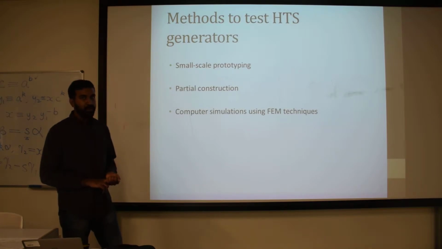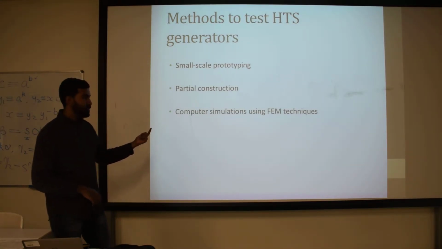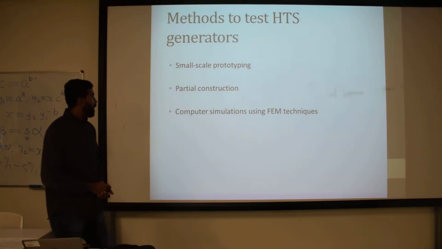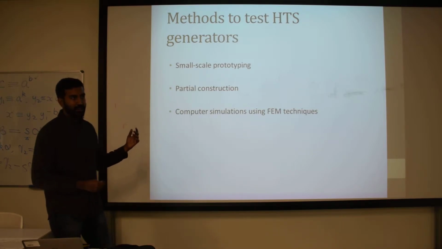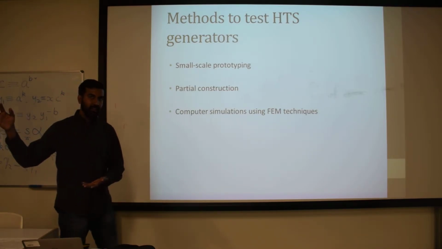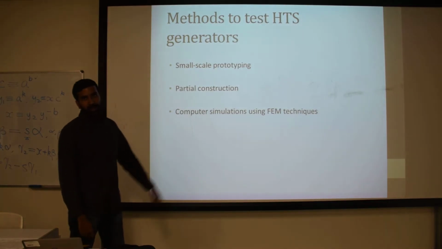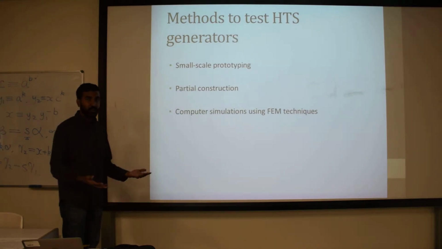So there are 3 types of testing methods. One is computer simulations using finite element method analysis, and then you get smaller scale versions of larger scale generators, that's small scale prototyping, and partial construction of a section of a full generator.